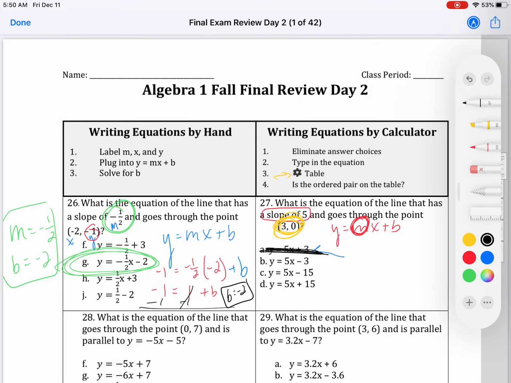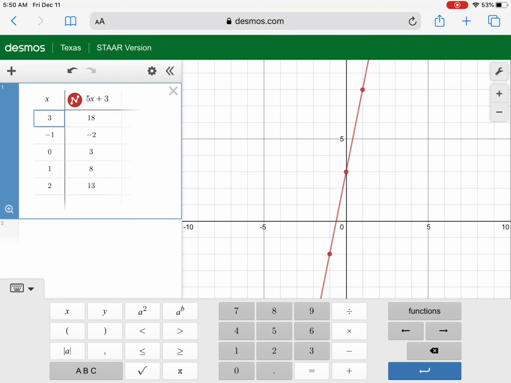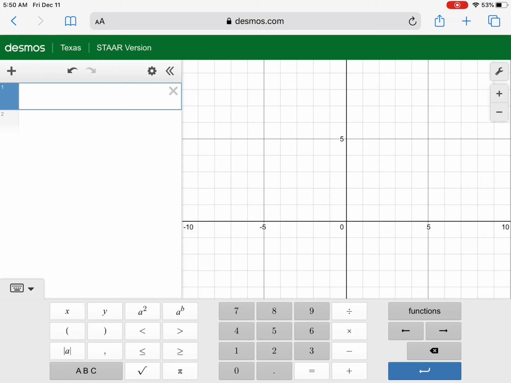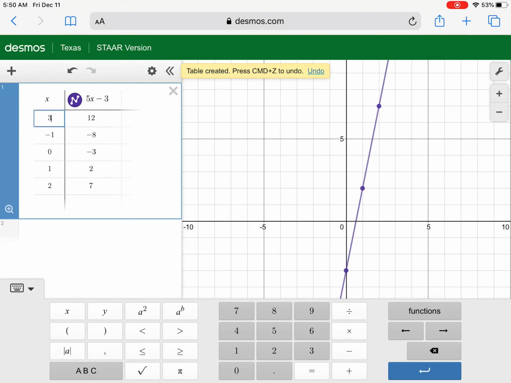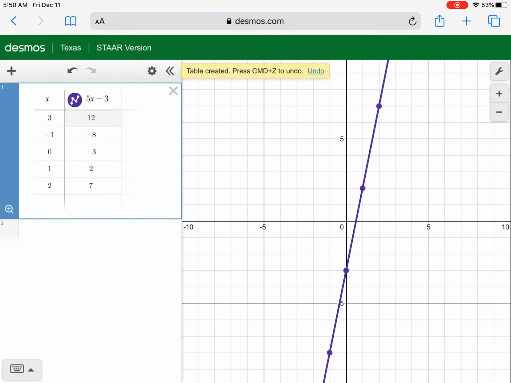So now I'm going to do the same thing with letter B. I'm going to type it into the calculator and check its table. Again, I'm checking to see 3. When x is 3, is my y 0?